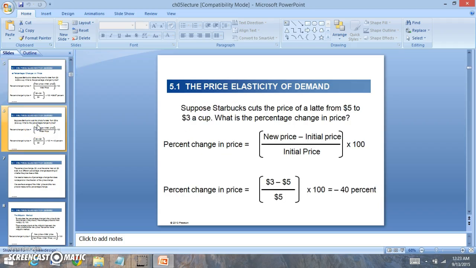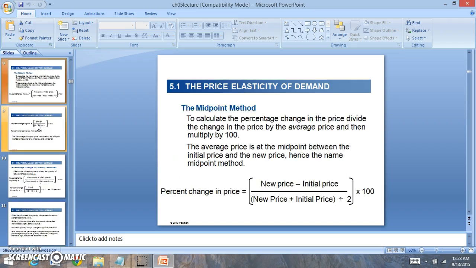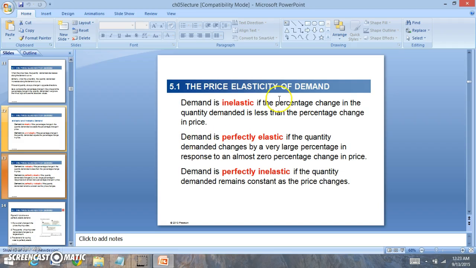And the challenge that we're facing is a store will look at this information and try to figure out whether they're selling inelastic goods or elastic goods. So if you look at this right here, if the demand is inelastic, you'll notice that the change in quantity demanded is much less than the price change.